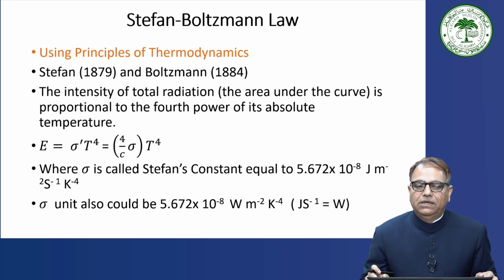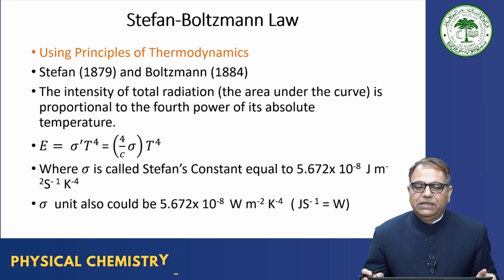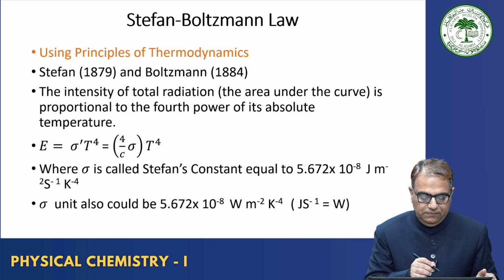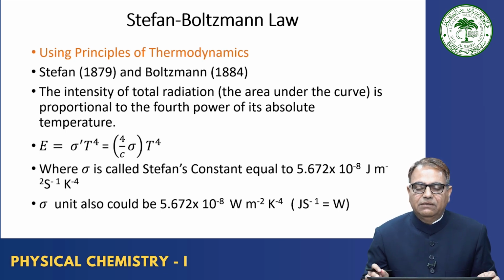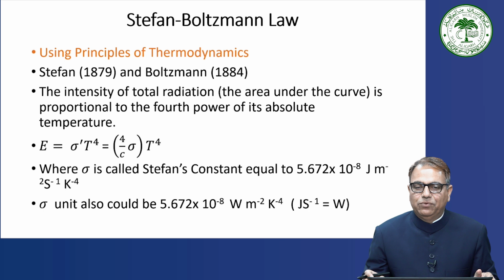Energy becomes equal to sigma T raised to the power 4. Sigma was given as the Stefan constant, and its value, determined to fit the curve, was 5.672 times 10 to the minus 8.